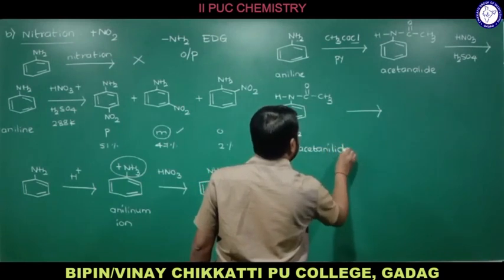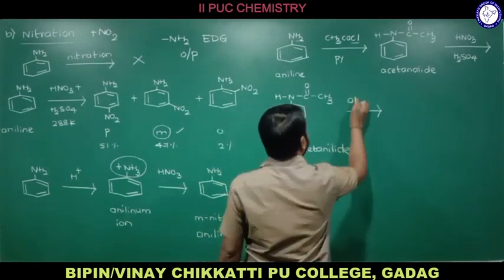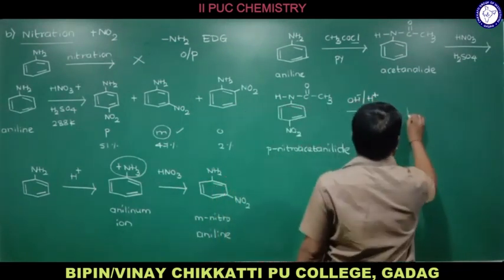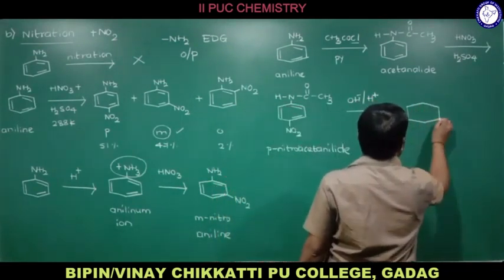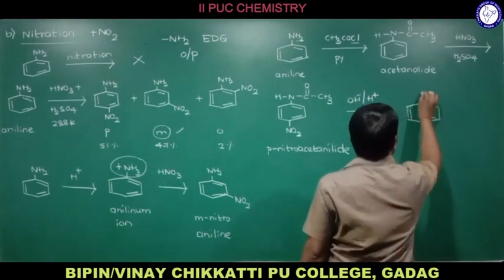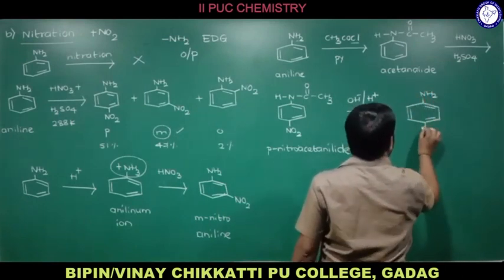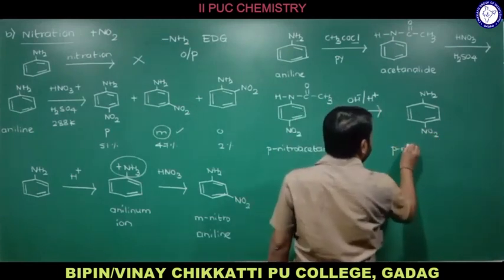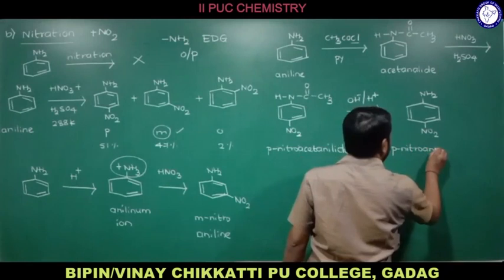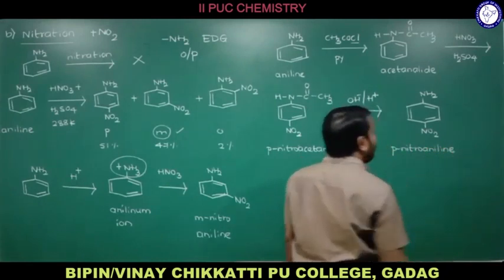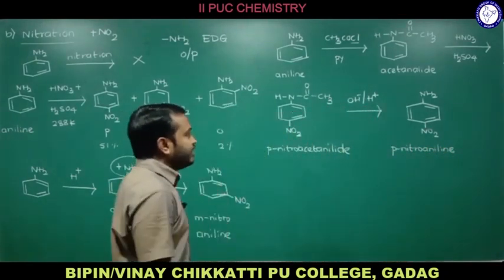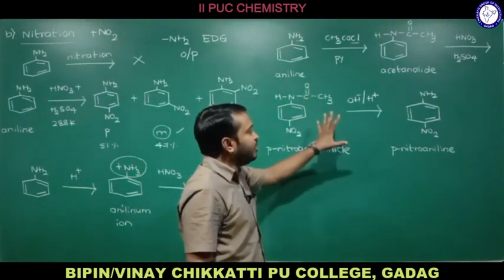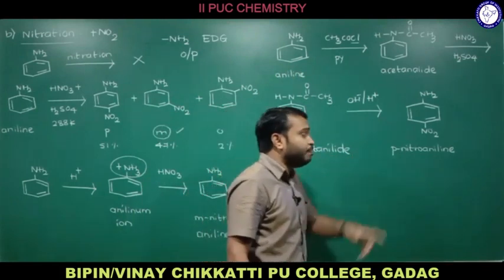And if you want to convert acetanilide back to aniline, you need to carry out hydrolysis, OH minus, or in the presence of acid you can consider hydrolysis in general, and we are going to get NH2 and NO2, and the name of this compound is para-nitroaniline or 4-nitroaniline also we can call it. So first we did the acylation, and later we considered nitration, and we got para-nitroaniline.